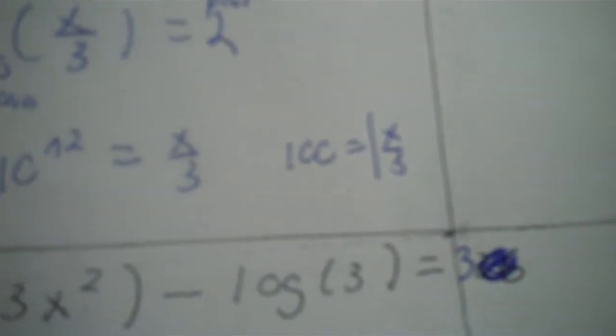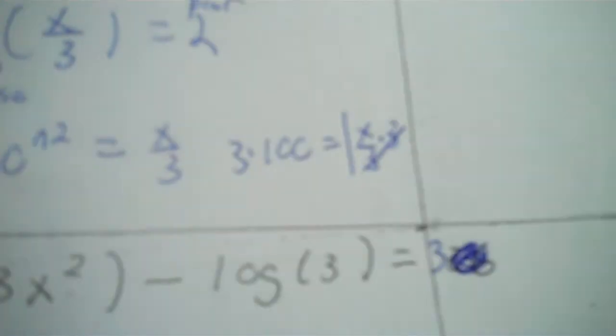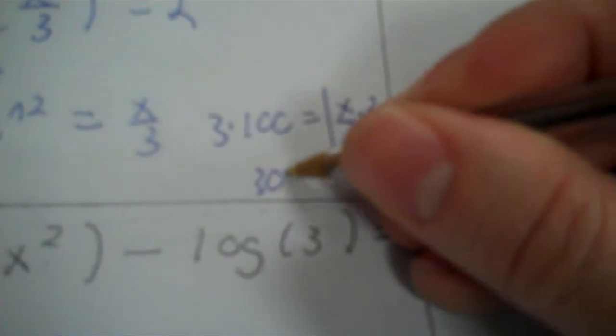It's just divided by 3, so I use linear properties. You have to figure out what 10 to the second power is. It's 100. Now how do you get rid of a divide by 3? Well, you times 3, and that's 300, so 300 would be equal to x.